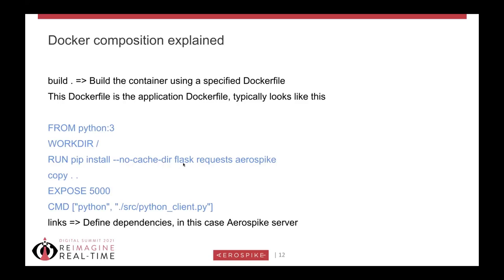I'm going to use Flask, which is the most popular web framework on Python. I'm going to use the requests library for accessing all HTTP requests. I'm going to, of course, use the Aerospike Python client library to access the Aerospike database.